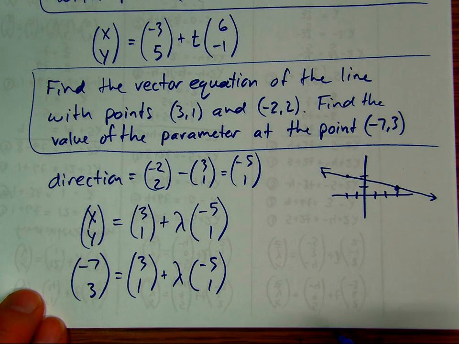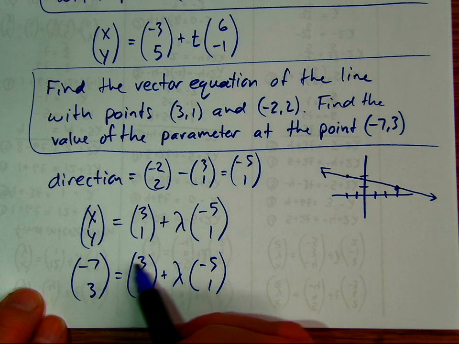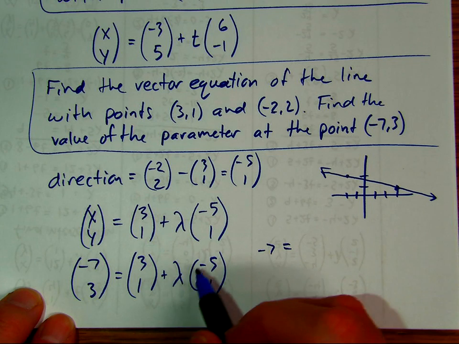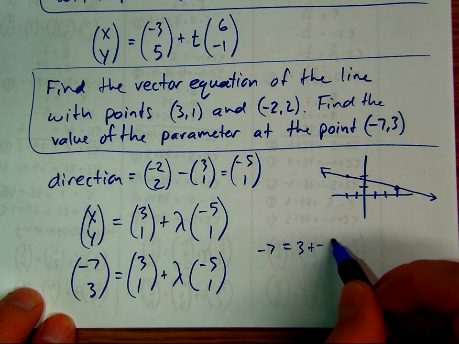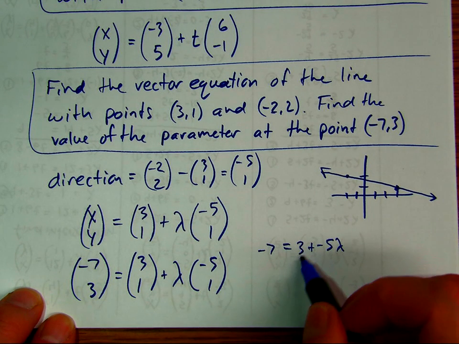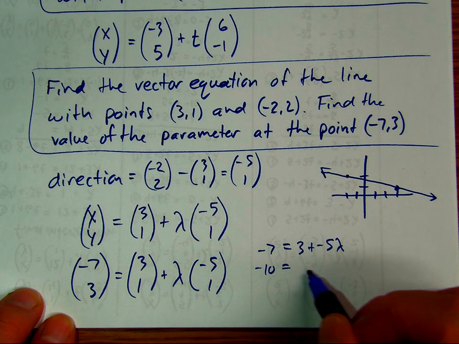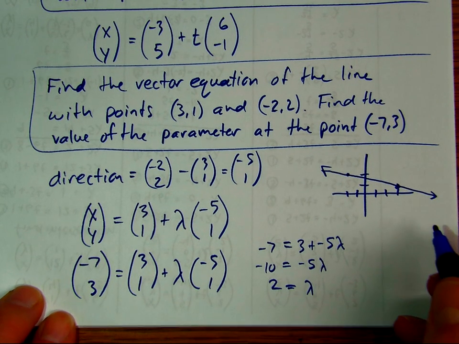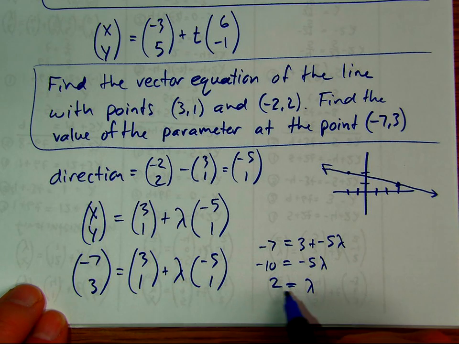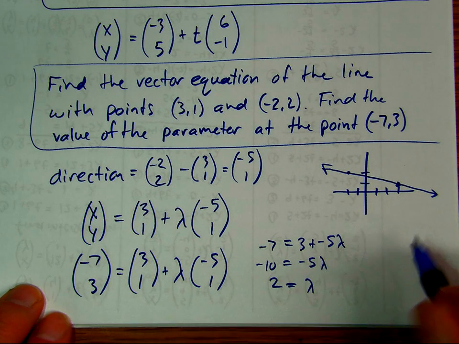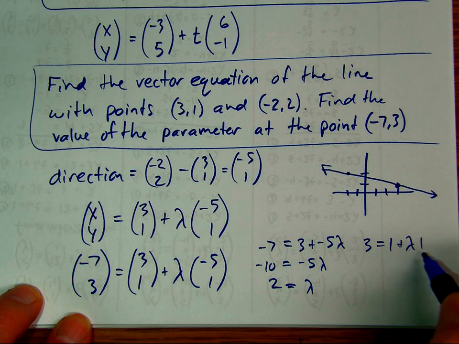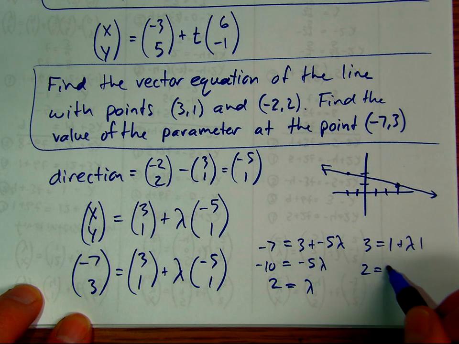And we can just say that all the x values have to be equal: 3 plus negative 5 lambda equals negative 7, so lambda is 2. It needs to work in the y equation also. Minus 1 lambda equals 2.